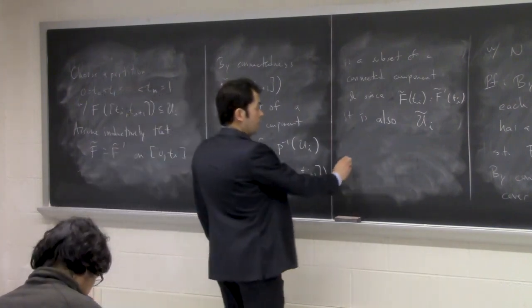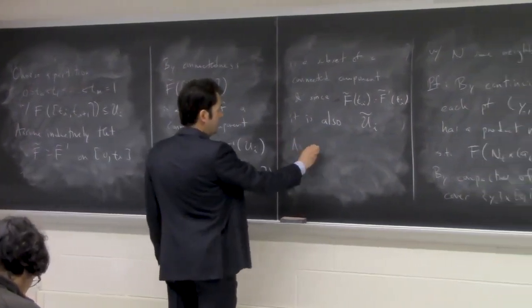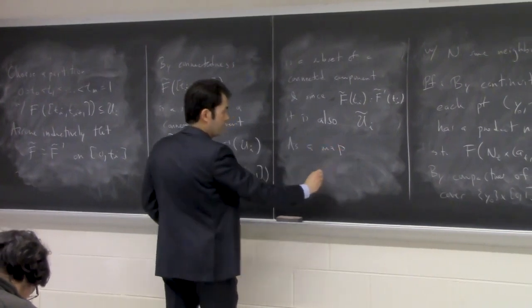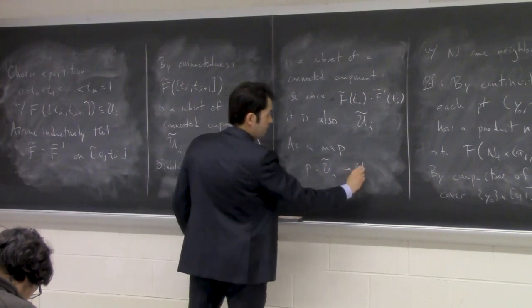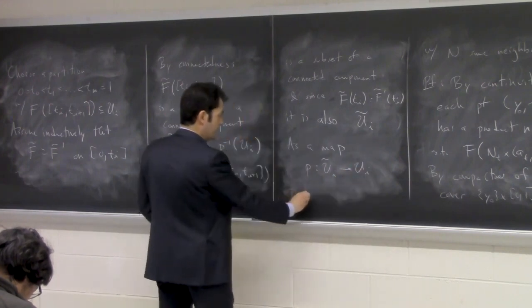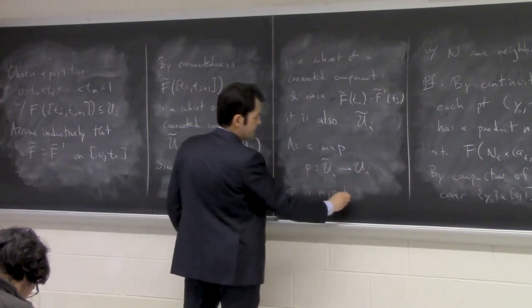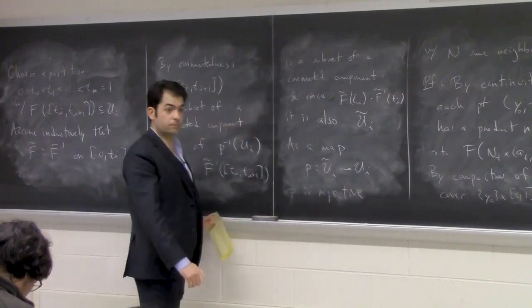Okay? Now, as a map from Ui tilde to Ui, P is injective. Right?